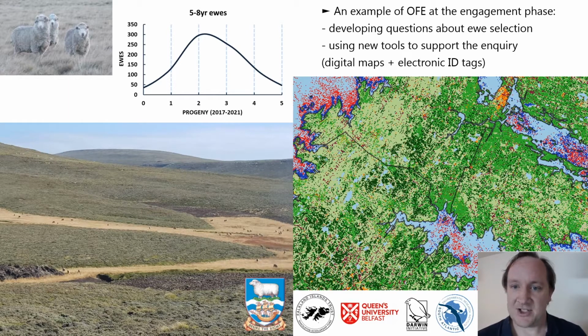It develops questions, in this case, about use selection. It helps us to see what tools might be needed practically for the farmer to undertake experiments. And it allows us to bring in other resources like our digital soil maps and mapping tools so that they can understand what variation might impact the results. And these are the sort of lead up activities which result in the experiment.